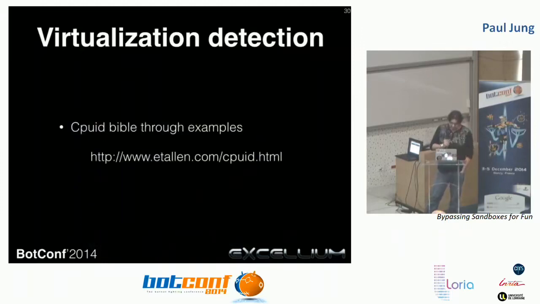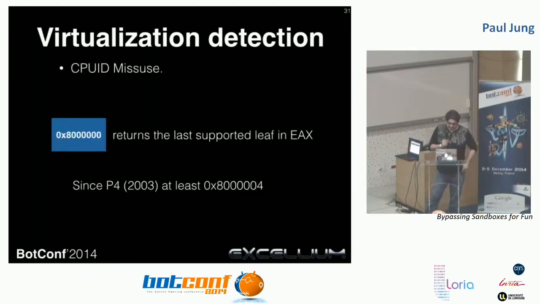So CPUID is a good instruction. You have a lot of things in that. It should be disabled, I think, but it's not possible. With this instruction, you are able to see a lot of things. For example, since Pentium 4, if you take a look at leaf 8 million, it gives you the last supported leaf.